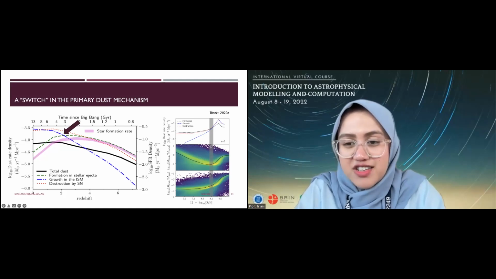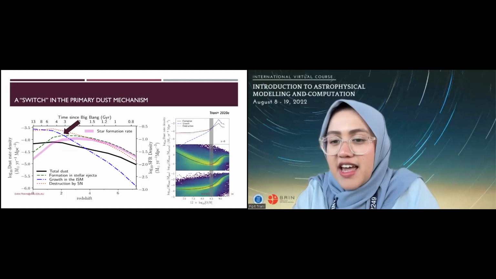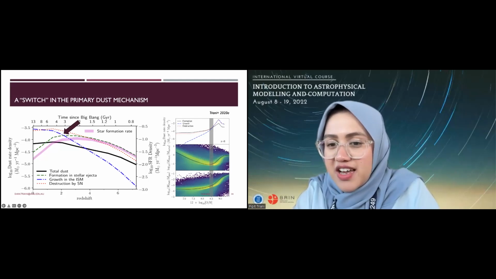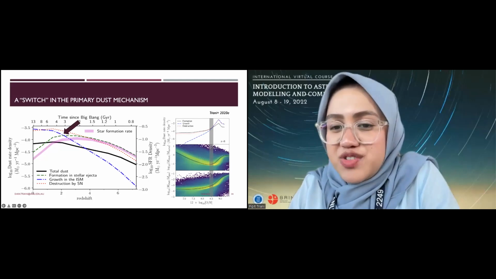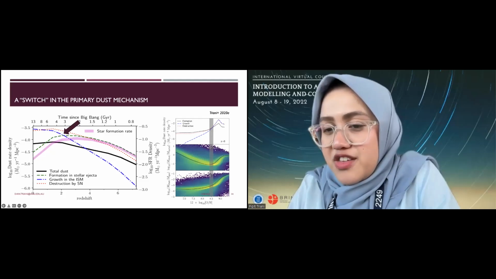And here is the gas phase metallicity that we got from the emission lines. We see the characteristic at redshift 0, for example. So at redshift 0, it shows the same thing. This shows the dust formation rate density for all of the galaxies at redshift 0 with different metallicity.